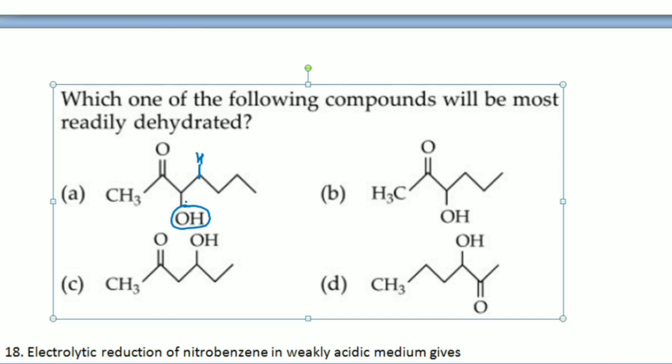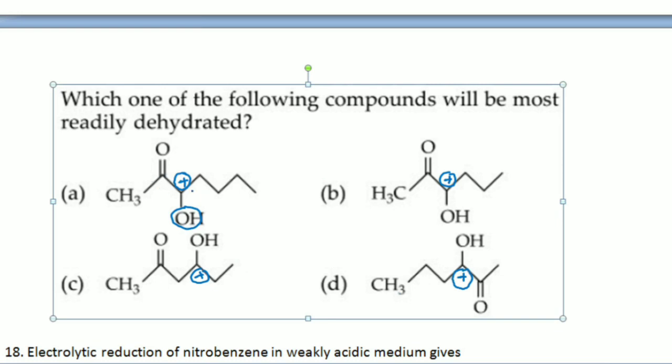But in this case, very important, remember, here important is formation of carbocation. When I remove this OH, carbocation will be formed here, carbocation will be formed here, carbocation will be formed here, carbocation is formed here. Now the question is, which carbocation is more stable?